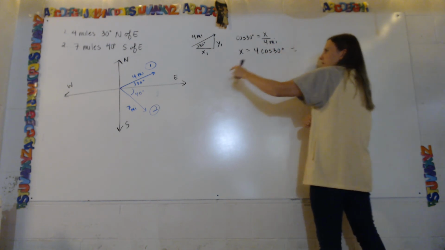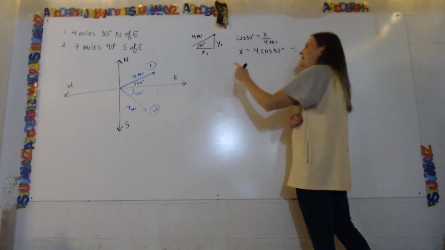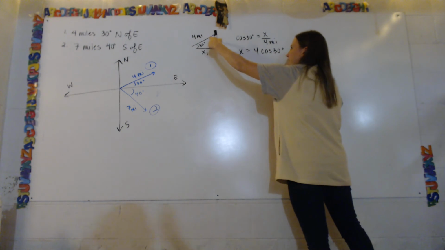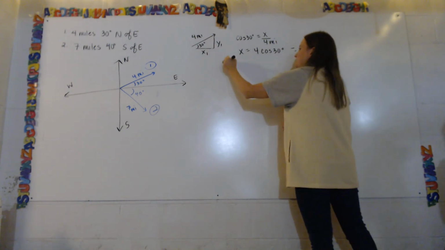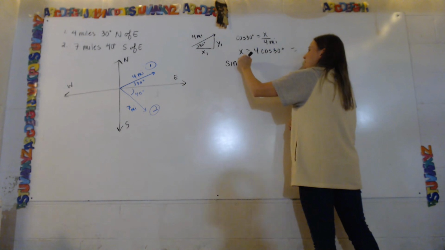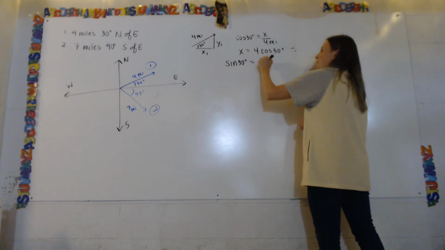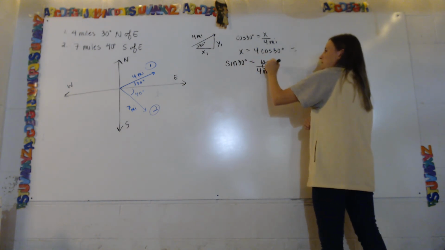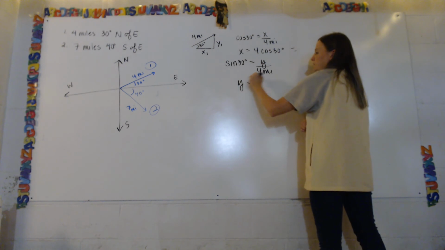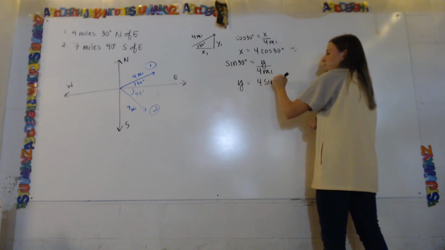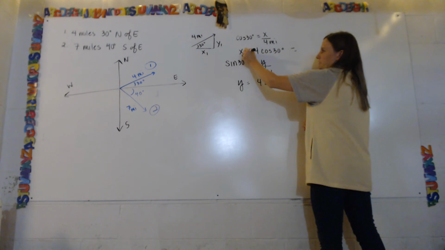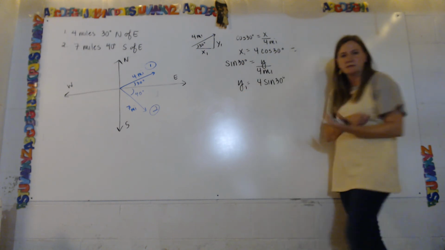I'll get the answer in a minute. And the y is opposite the angle, so I can say sine of 30 degrees is equal to y over 4. So y is equal to 4 times the sine of 30 degrees. Now, I'm going to be careful here, and change it to x1 and y1 since this is for the first vector.